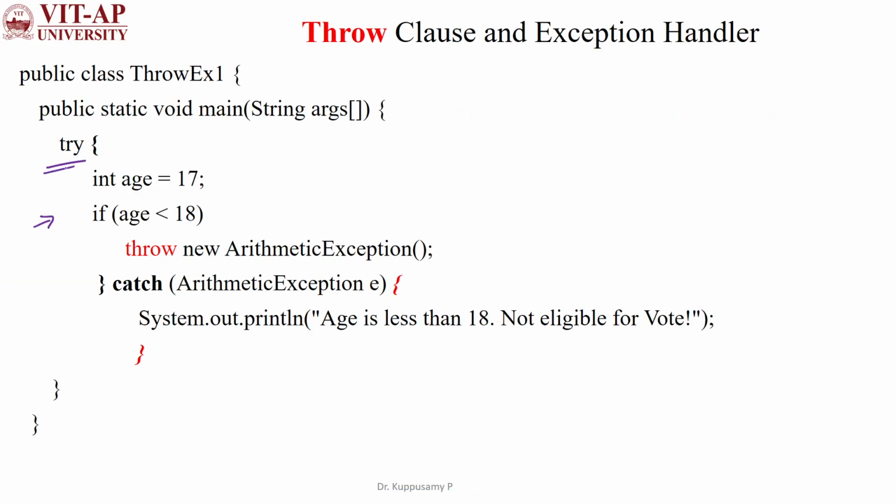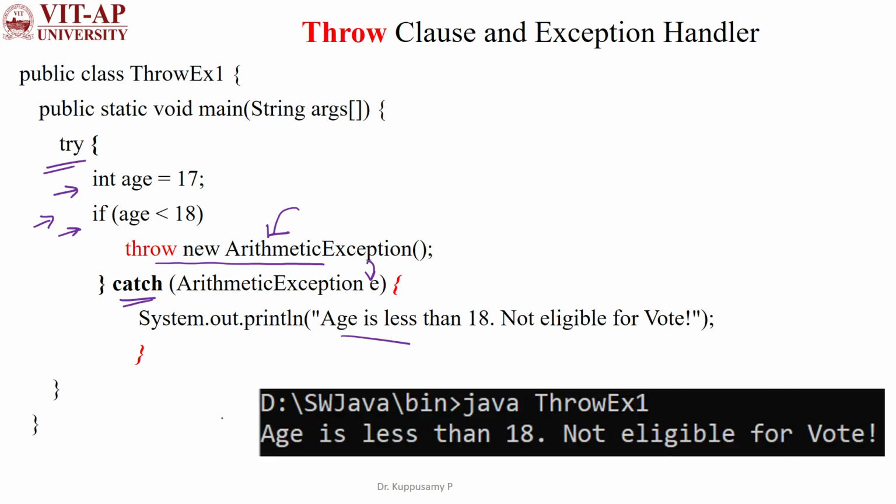So inside the try block I am declaring the variable, and the if condition is given, then I am using ArithmeticException to throw that exception inside that try block. Then the exception raised here is handled by the catch handler. It is storing the value, then notifying the user: age is less than 18, so he is not eligible.